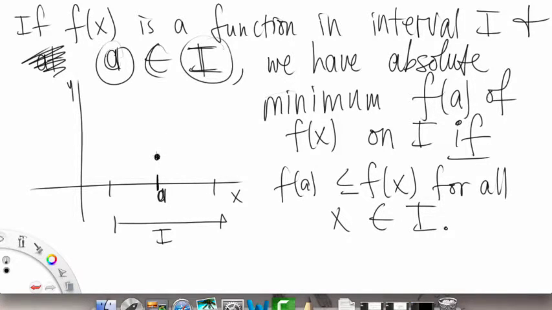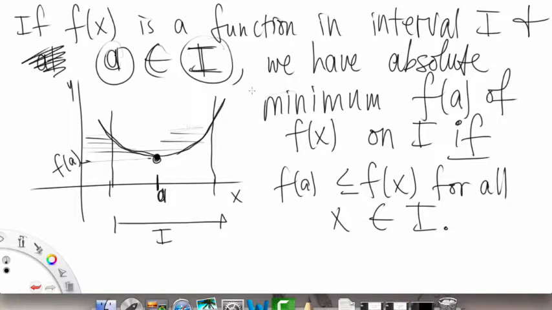Let's say f of A is here, that's the height f of A, and everywhere else on this interval is above that point. A is the lowest point because all of the other f values go up and above. So this defines our absolute minimum.